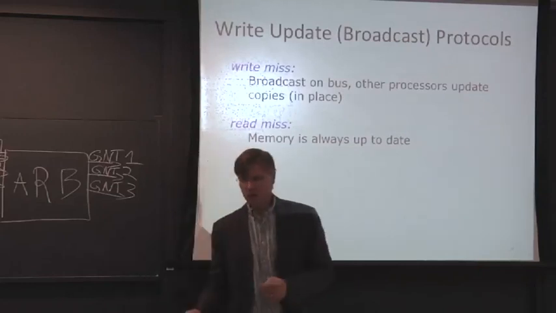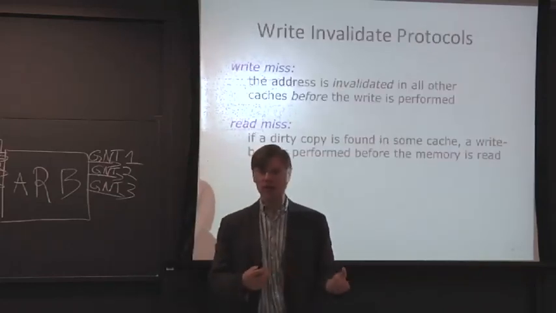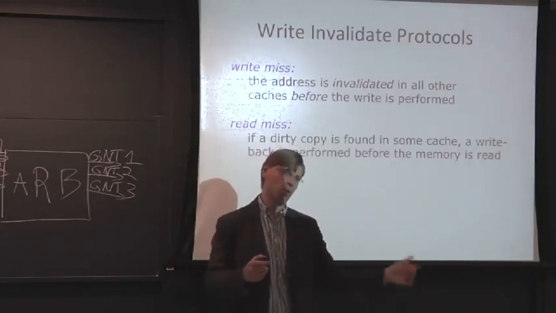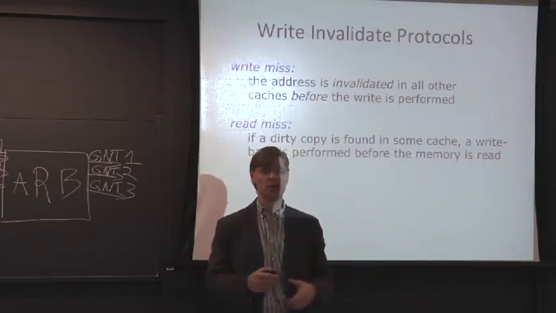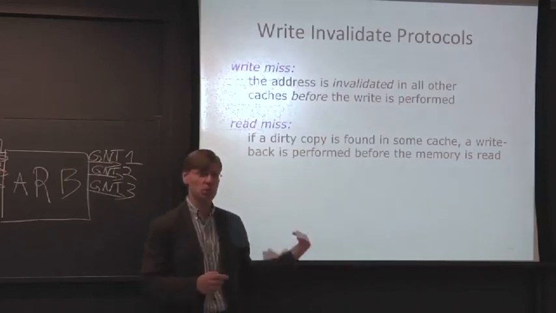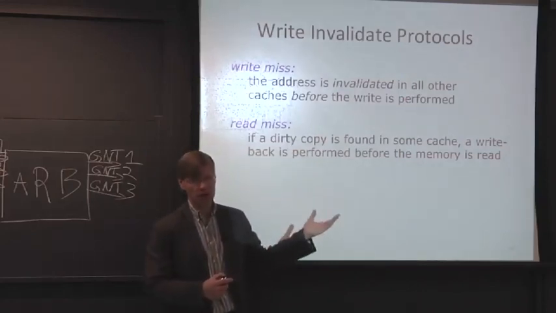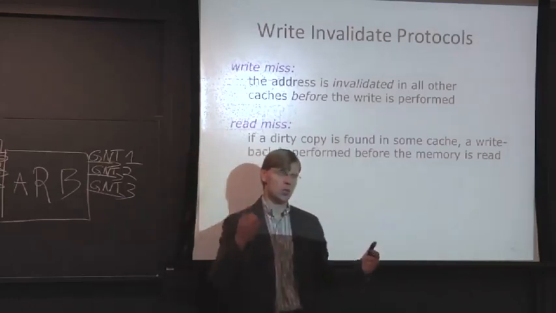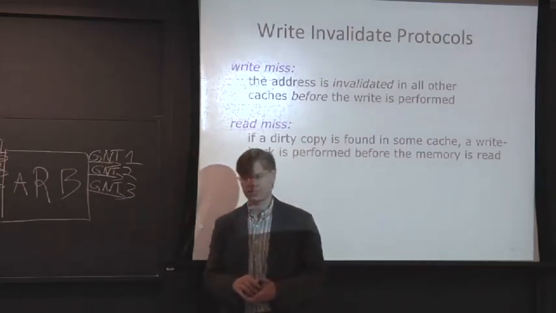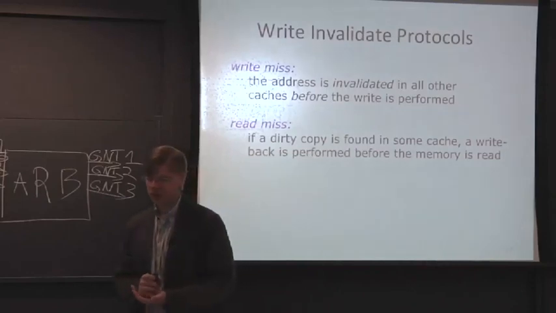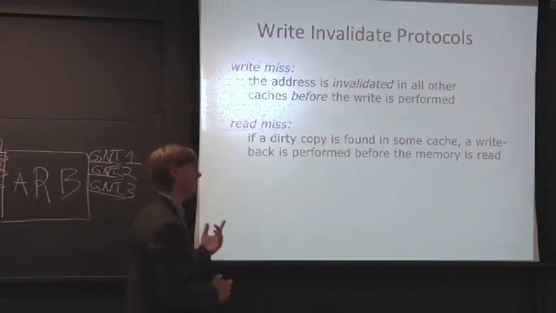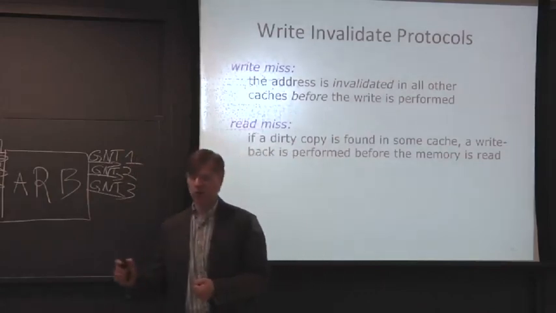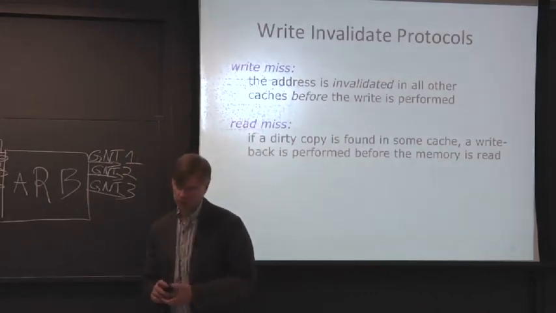In the invalidation protocol, you're going to have invalidates bouncing the data back and forth every time you do a read or a write. So there could be more bus communication in the invalidation protocol for one-writer, multi-reader cases. But for the rest of today, we're going to focus on invalidation, or write invalidate, protocols on a snoopy bus.